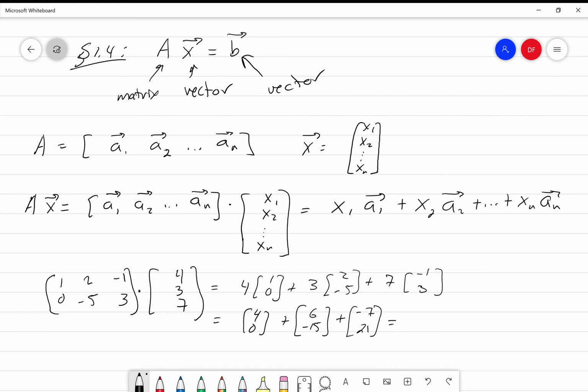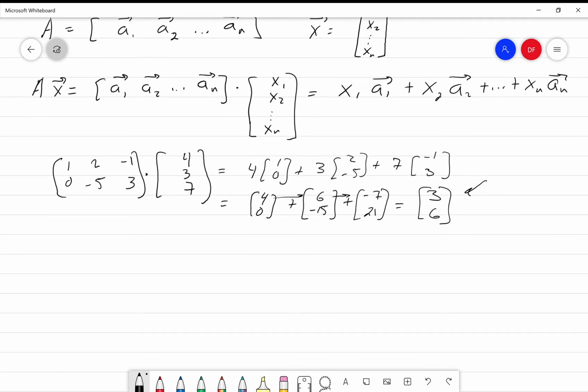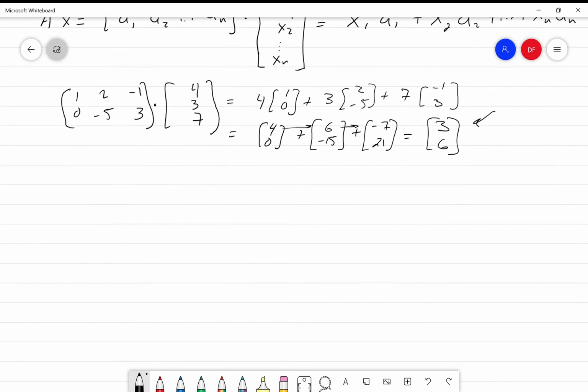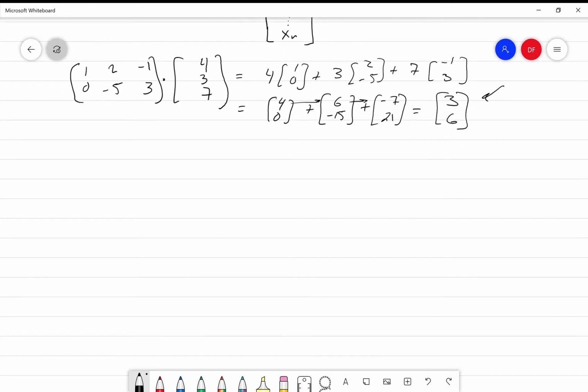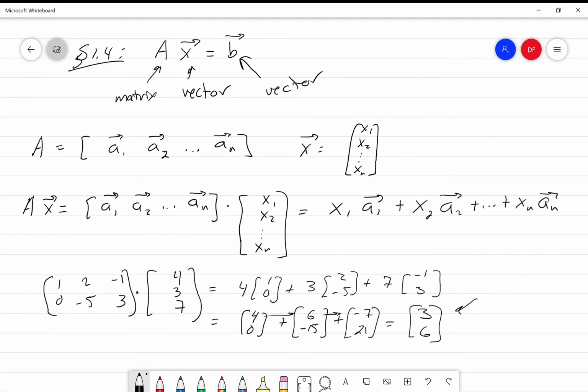And we can add these three by just adding these three here. So we will get negative 1 plus 4, which is 3, 6. And this is the answer, right? You should see here why this is important. And this equals B, let's say, right?